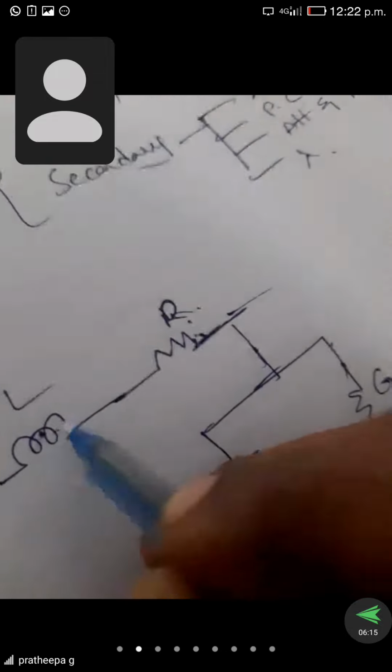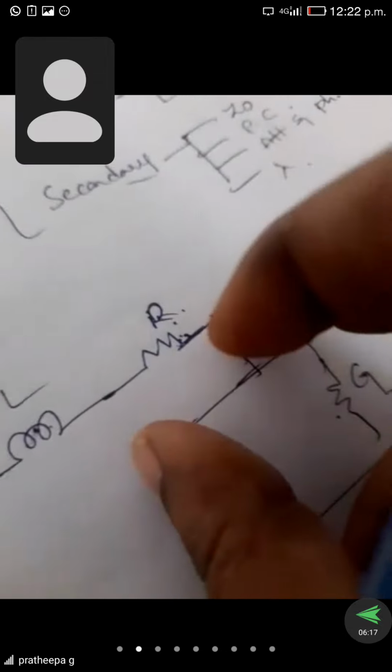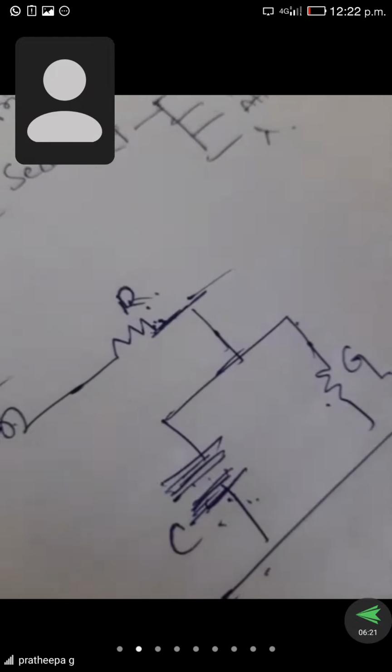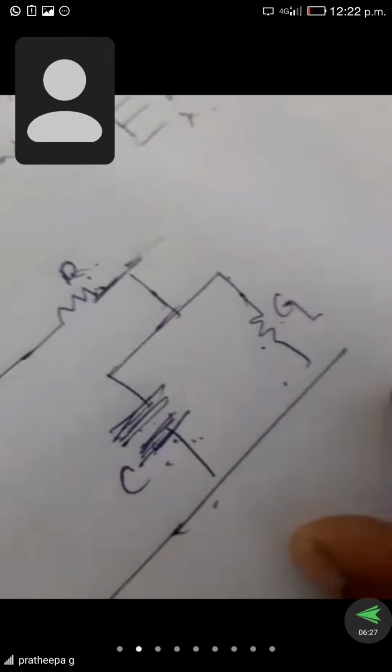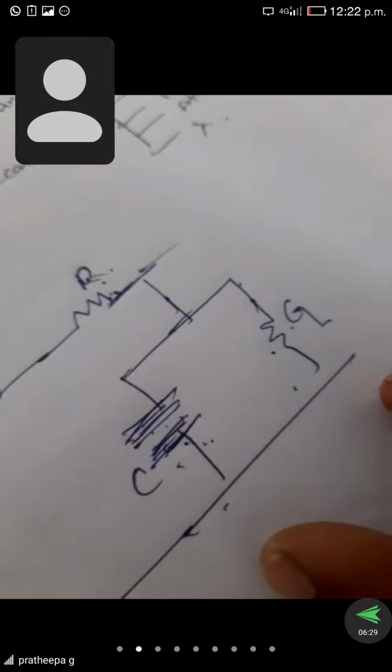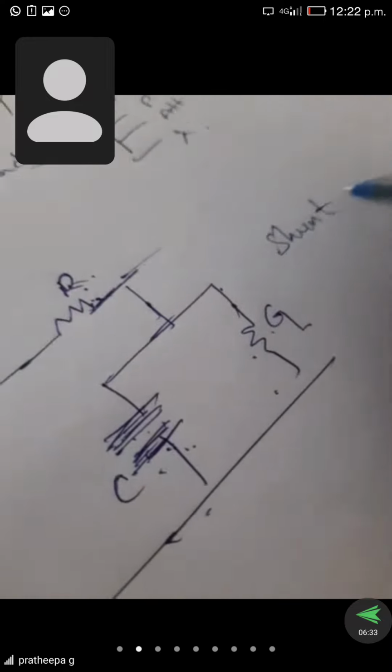So here, L and R are the series components, right? That's why I said series resistance and series inductance. C and G are parallel components. Shunt also means parallel.